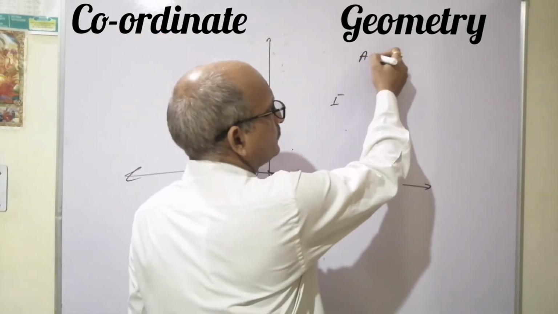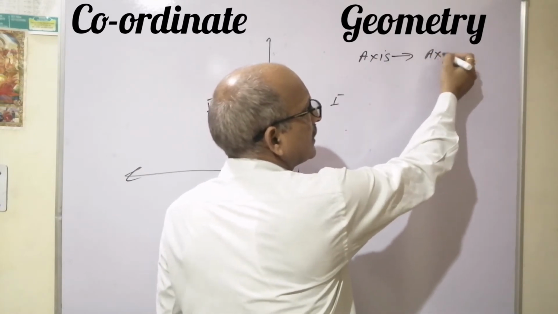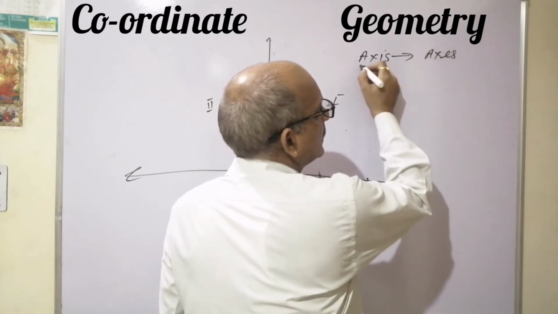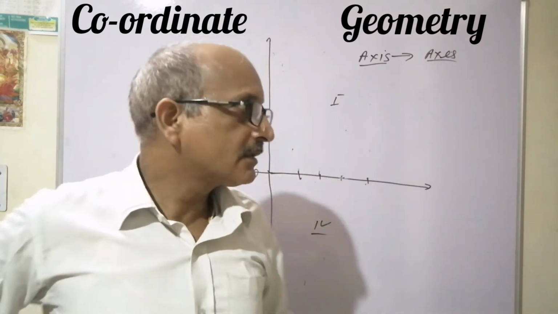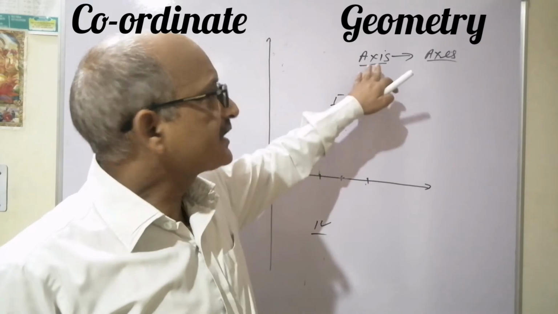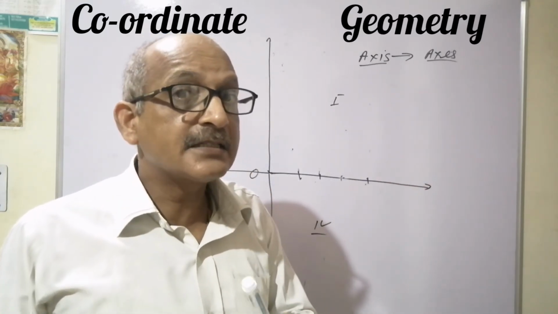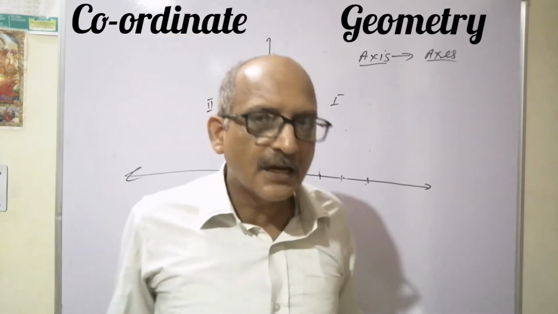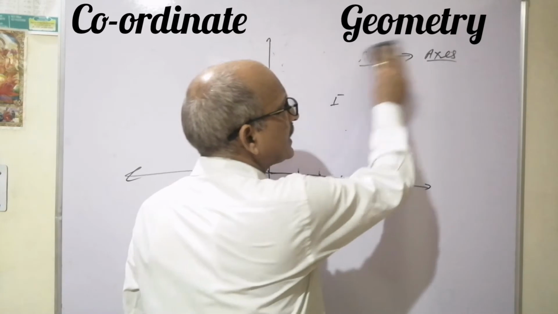Axis singular and axes plural are pronounced approximately the same. Axis means singular, like the x axis. If we are talking about both of them together, x and y axes. We'll take it later.